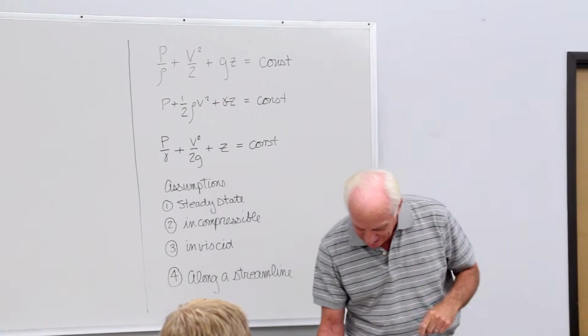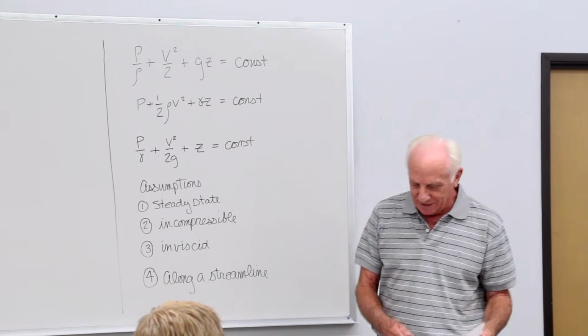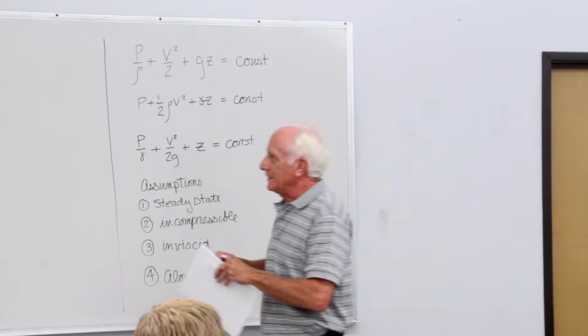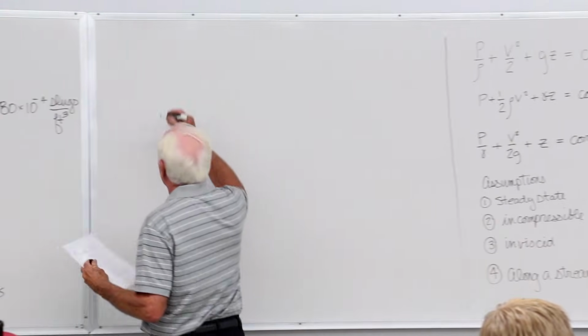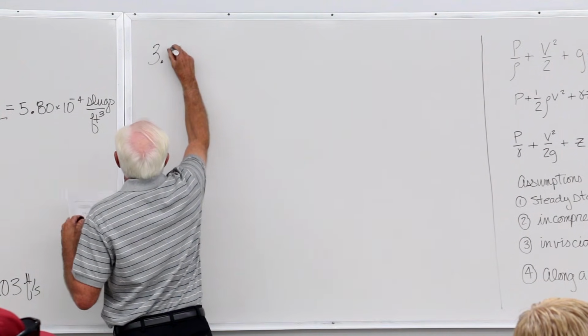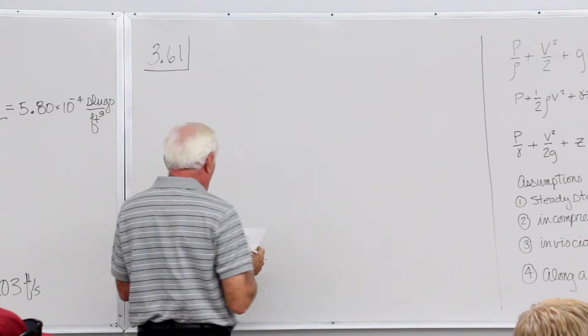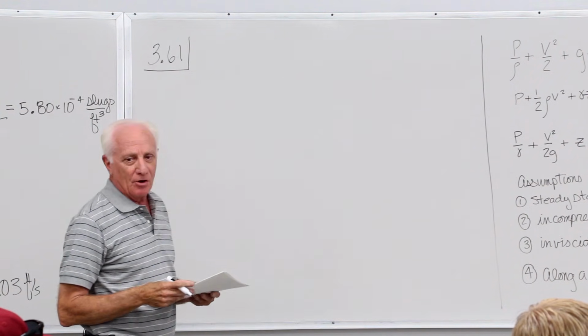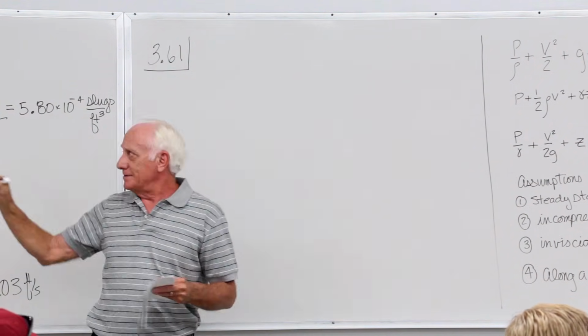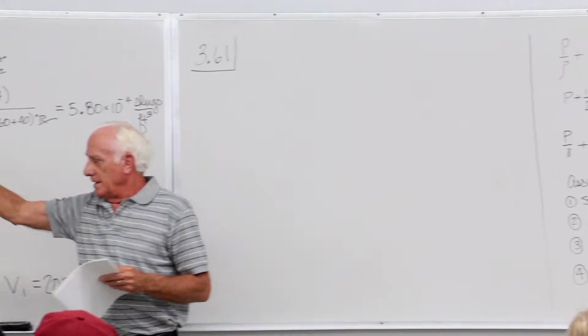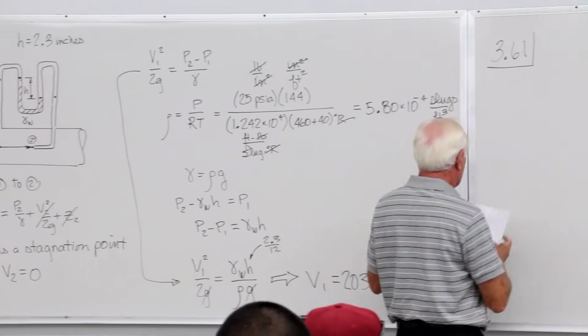Okay, so let's take the other one I want to work, 361. We'll put the sketch right here. 361, okay. Water is siphoned from a tank. This is called a siphon. Now we're going to do a siphon.